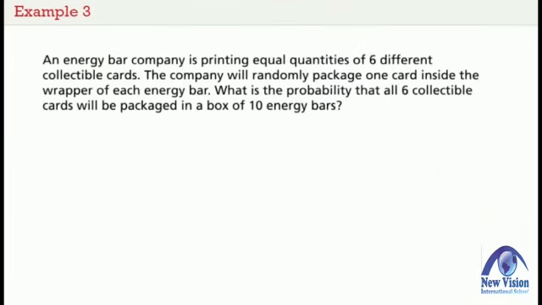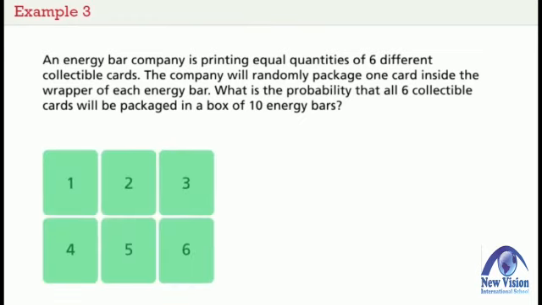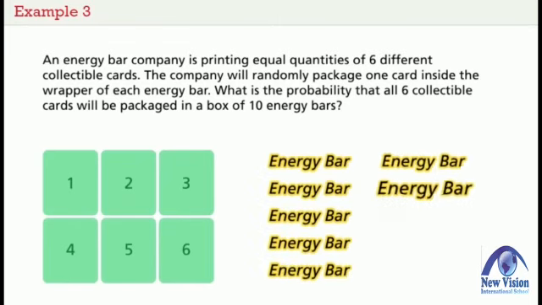An energy bar company is printing equal quantities of 6 different collectible cards. The company will randomly package 1 card inside the wrapper of each energy bar. What is the probability that all 6 collectible cards will be packaged in a box of 10 energy bars?